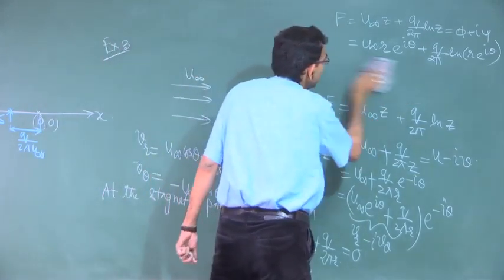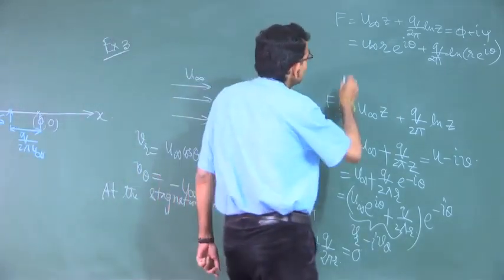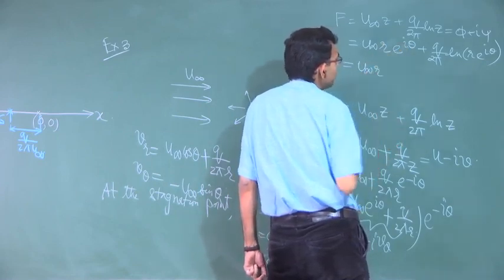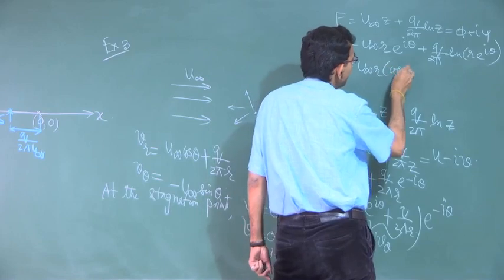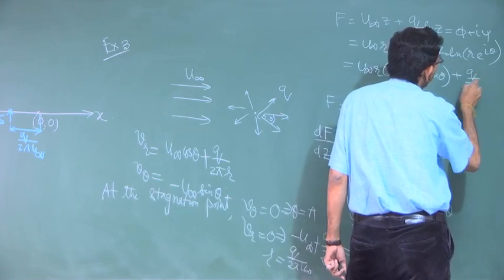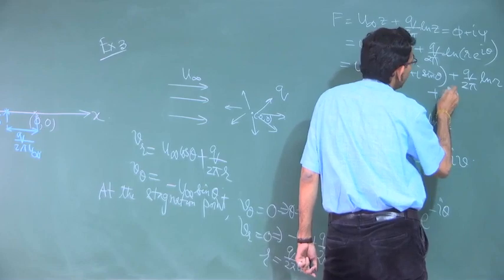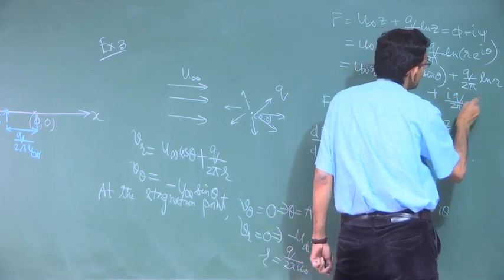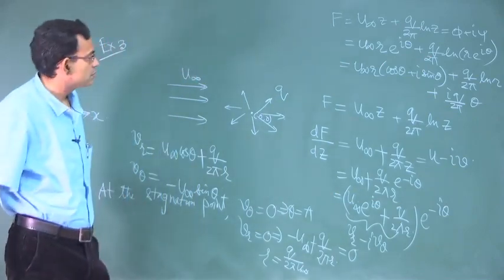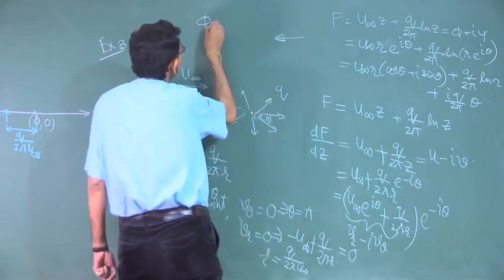Somehow I am trying to extract psi from here. So, this is u infinity r times cos theta plus i sin theta, plus q by 2 pi ln of r plus i q by 2 pi theta, right. So, this is nothing but phi plus i psi.